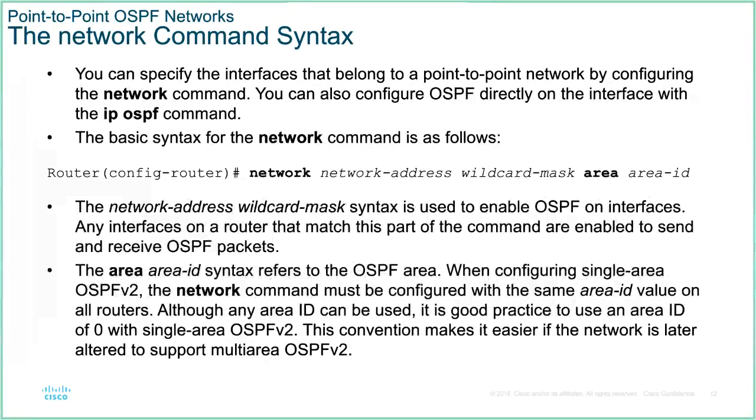So for an example, 255.255.255.0/24 would end up as 0.0.0.255 as a wildcard mask.